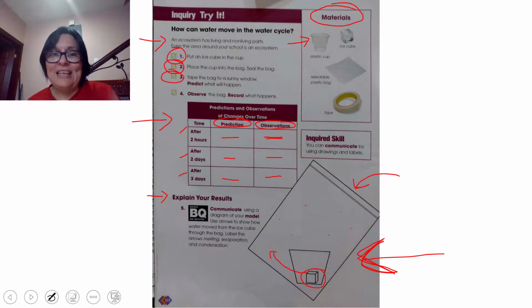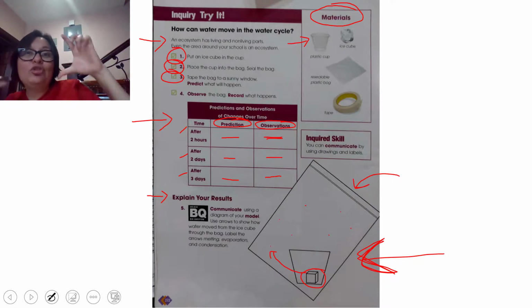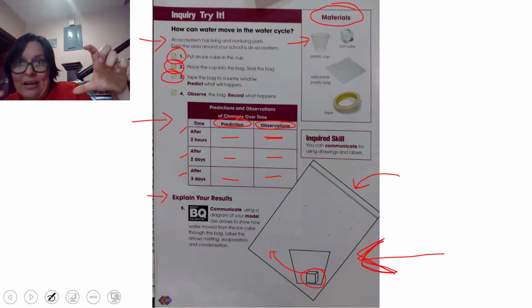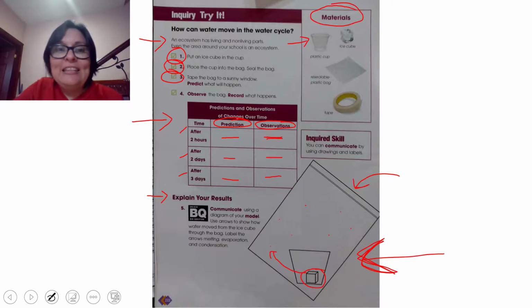Something very important, guys, is that today, once you have pasted your bag in the window, you have to take a picture of your bag, okay? So take a picture of the first day, immediately when you paste the bag in the window. Then you are going to take another picture in the last day. So I want a picture of this one and I want a picture of this.